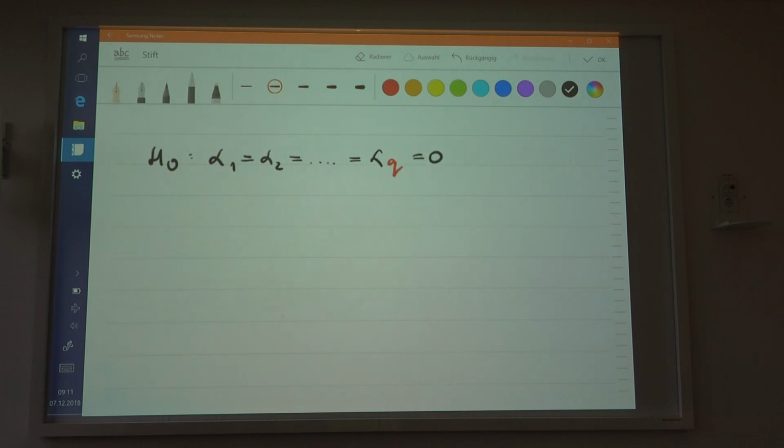The alternative is the negation of the null hypothesis, so it says that at least one of the coefficients is not 0. If at least one of the coefficients is not 0, that means the model is significant, and that means there is an autocorrelation of the squares.